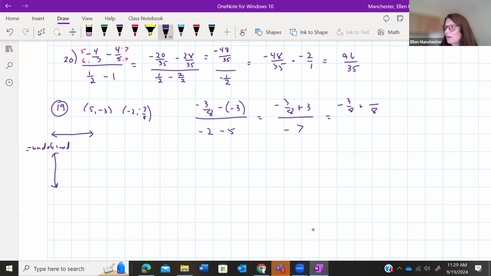I know I have to get a common denominator, right? I know it has to be 8. So all I'm going to do is multiply. What's 3 times 8? 24. So 24 over 8 gives me 3. So it's just very fast. If you have a whole number, just multiply it by the common denominator. And then you don't even have to think about it.